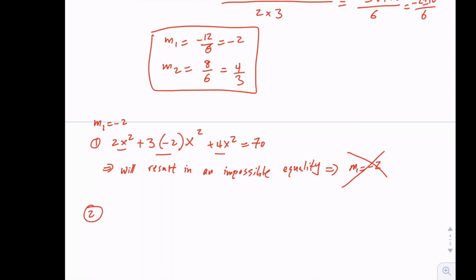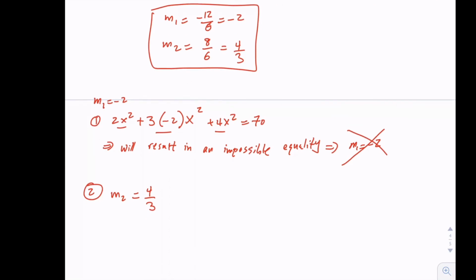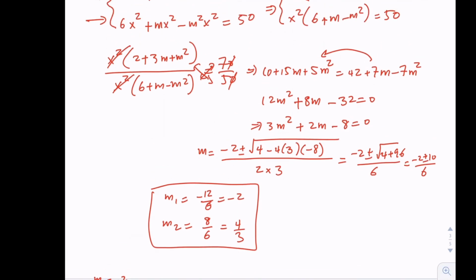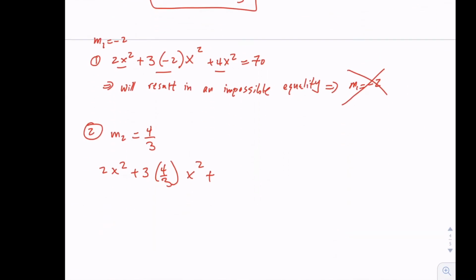And this time if m is 4 over 3, we get 2x squared plus 3 times 4 over 3 x squared plus m squared, which is 4 over 3 squared x squared, is 70.